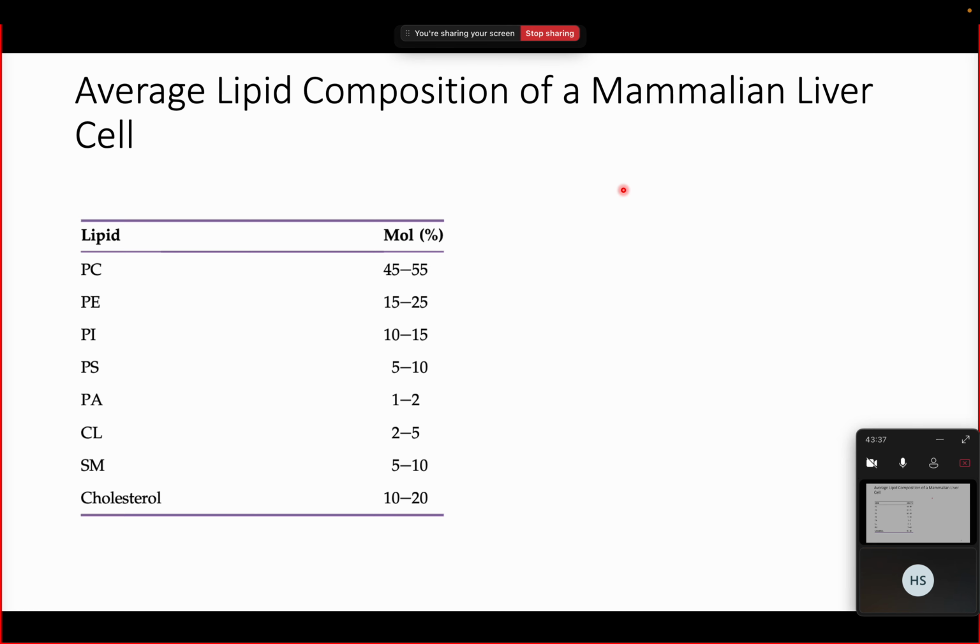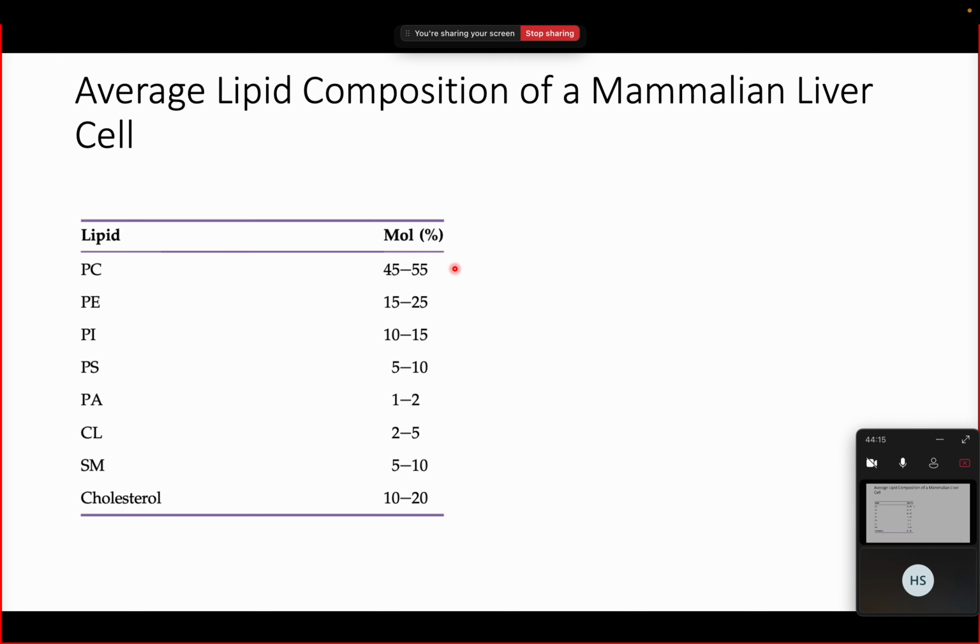So if we talk about the composition, as I've mentioned, there are certain lipids which are more abundant in bacterial membrane, and other phospholipids which are more abundant in mammalian cells. If we look at the average composition of a mammalian liver cell, we can clearly see that the mole percentage of PC is among the highest, definitely more than 50% of the mammalian liver cell has PC, followed by PE.